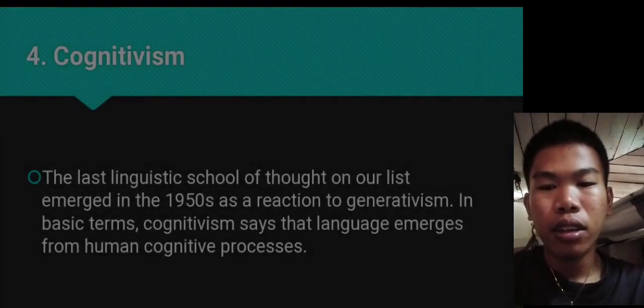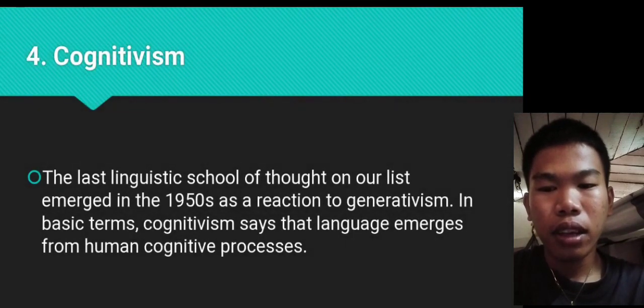Number 4. Cognitivism. The last linguistic school of thought on our list emerged in the 1950s as a reaction to generativism. In basic terms, cognitivism says that language emerged from human cognitive processes.